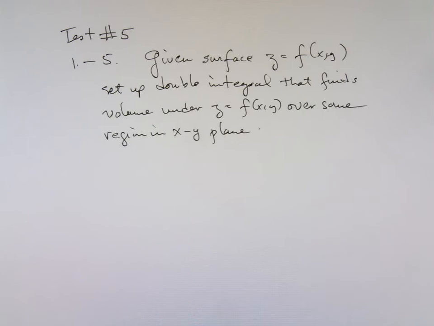Then I may give you a triangular region where you have to find the equation of that line, the hypotenuse, so that will serve as one of the limits of integration, say, of the y's, or whatever it happens to be. And there's one of them where I'm going to ask you to do it in polar coordinates. It'll be a circular region and set it up in polar coordinates. Okay, that's 1 through 5. So all you got to do is set up.